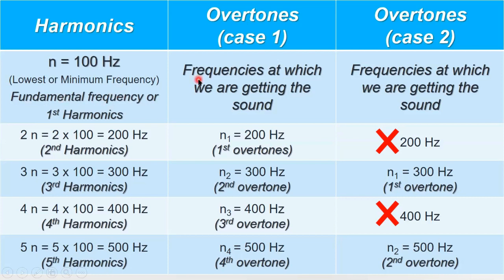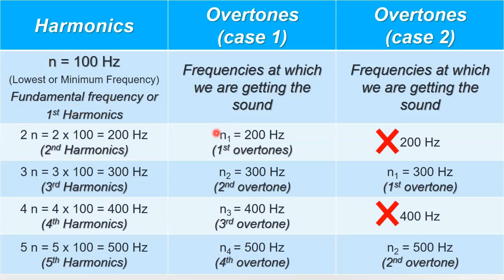So overtone is the frequency at which we are getting the sound, a frequency greater than the fundamental frequency. Suppose the lowest frequency we are getting in the given sound is 100, then it will be your fundamental frequency.